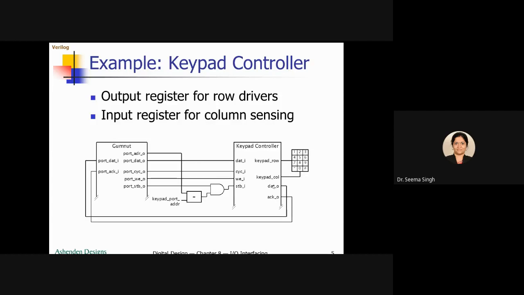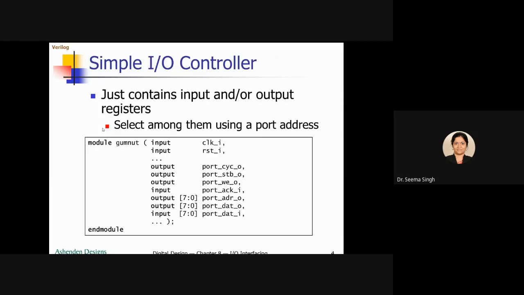Whatever data is coming to the keypad controller from the keypad is being fed back to this Gumnut processor, because finally all the processing will be done here only. Now yesterday I had told you about some of the ports of the Gumnut processor. This is what I had shown you yesterday. So those connections only I am showing you now.